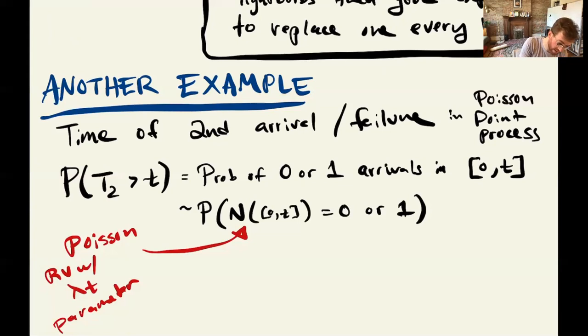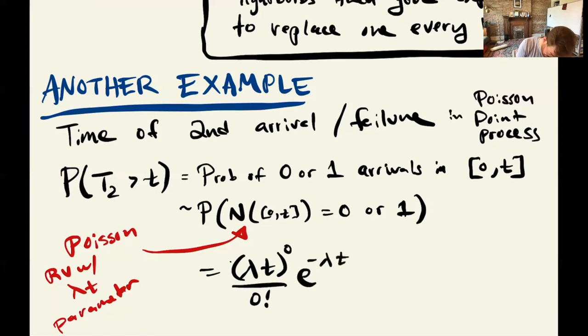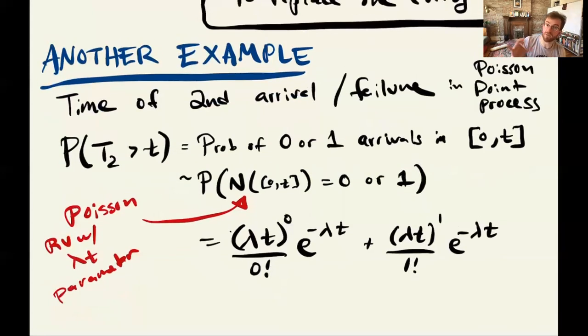So this is the same thing as asking: lambda t to the 0th power over 0 factorial, e to the minus lambda t, plus lambda t to the 1 power over 1 factorial, e to the minus lambda t. Remember, that's just the Poisson where wherever we had lambda in the discrete setting, we're now using lambda t.